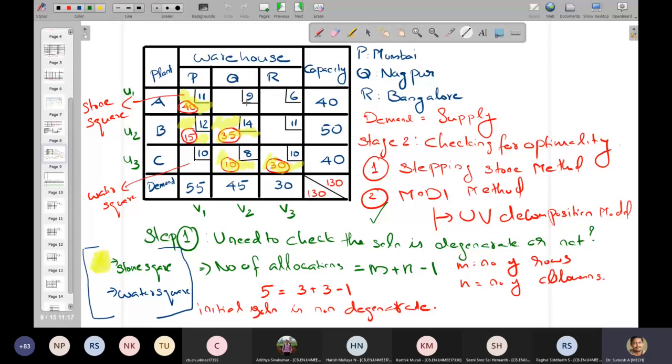But the values of U1 and V2 are not known to us. So the net cost change for AQ equals C of AQ minus (U1 plus V2).